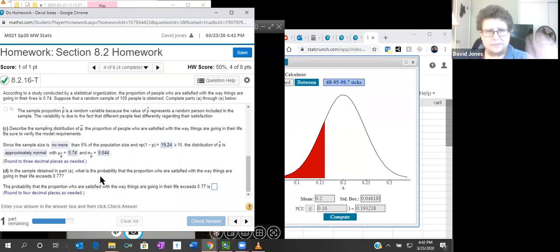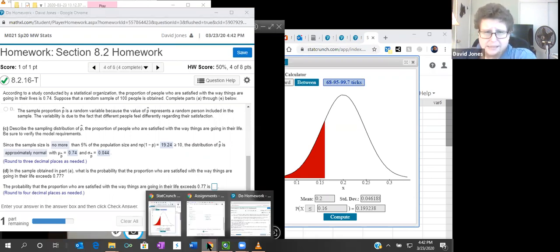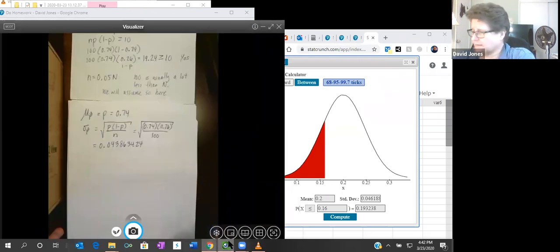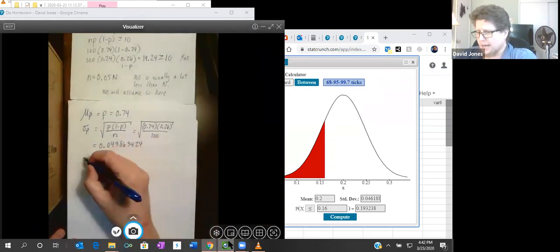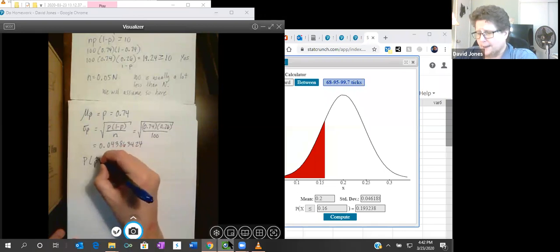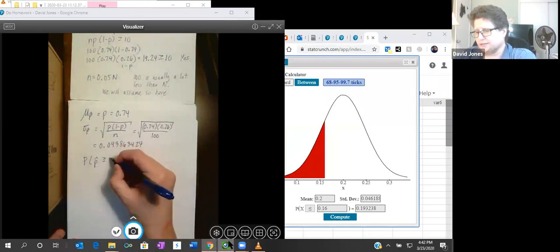In the sample obtained in part A, what is the probability that the proportion who are satisfied with the way things are going in their life exceeds 0.77? What does that mean? So, camera. What they're saying is, what is the probability p hat is greater than 0.77?